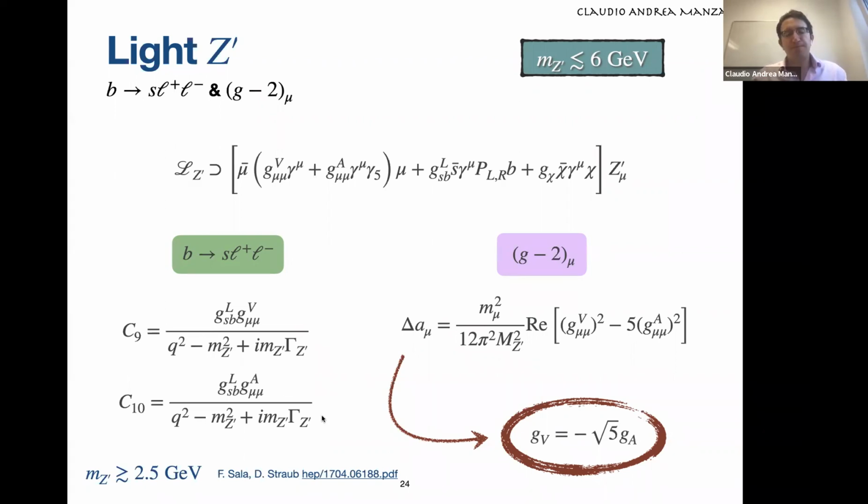And the reason is that we know that for B2SLL data, a good agreement between theory and experiment is given by all scenarios between C9 and C9 minus C10, as I told you already. And this gives exactly a scenario in between of the two.